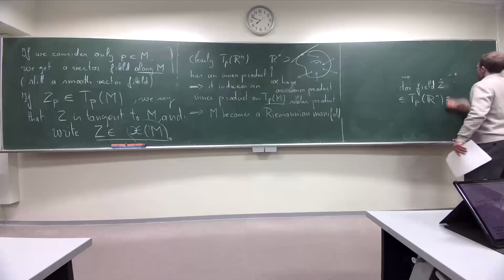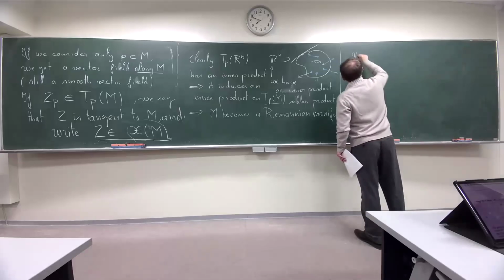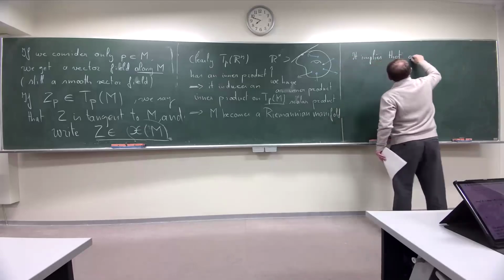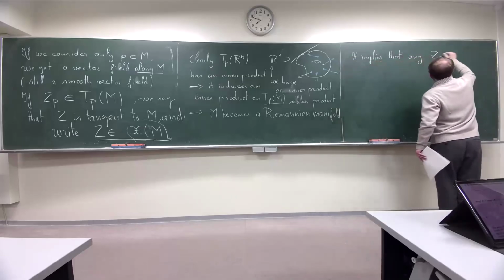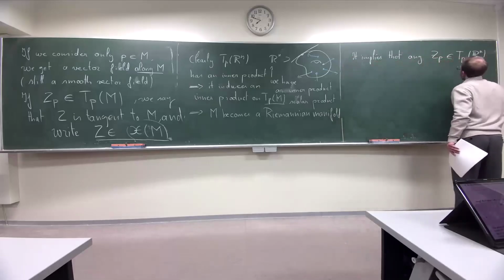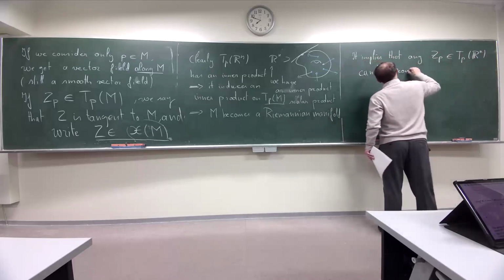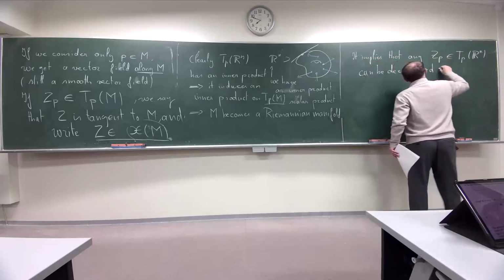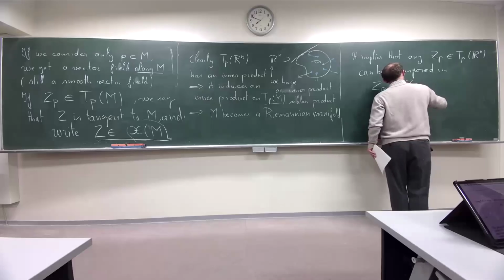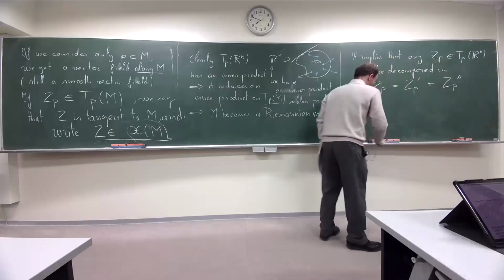With this scalar product, we have the notion of orthogonality. It implies that any Z_p inside E_p M, so any vector, can be decomposed in two vectors. So you have Z_p can be written as Z_p prime plus Z_p double prime. What does it mean?